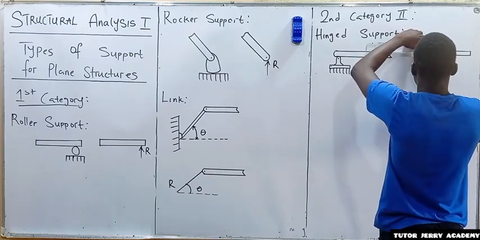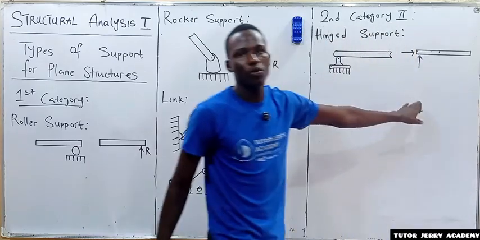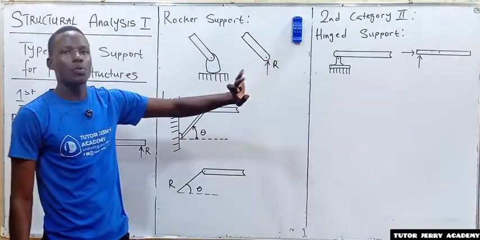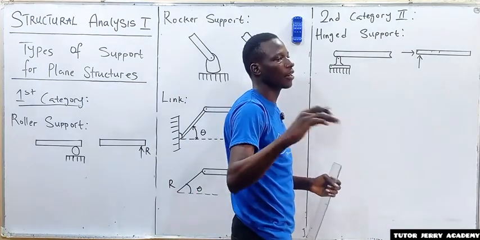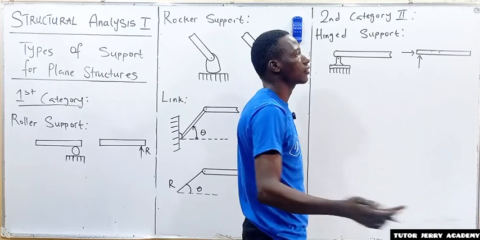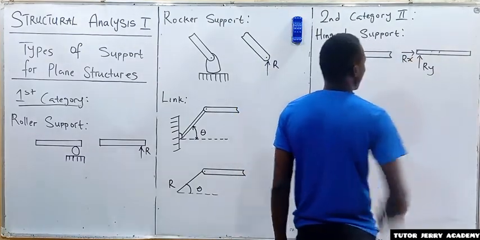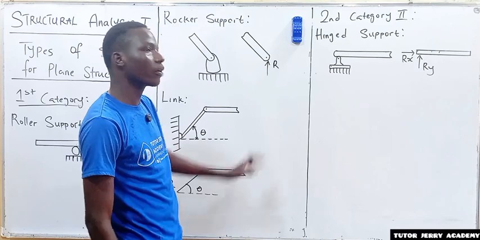We are going to have a vertical reaction. Now, from the free body diagram, you agree with me that for a hinge support, you are going to be having two reactions. All right, one going vertically and the other going what, horizontally. All right, so this is nothing but what, Ry, and this is nothing but what, Rx. So for a hinge support, we are going to have what, two reactions. Take note of all of this, please.